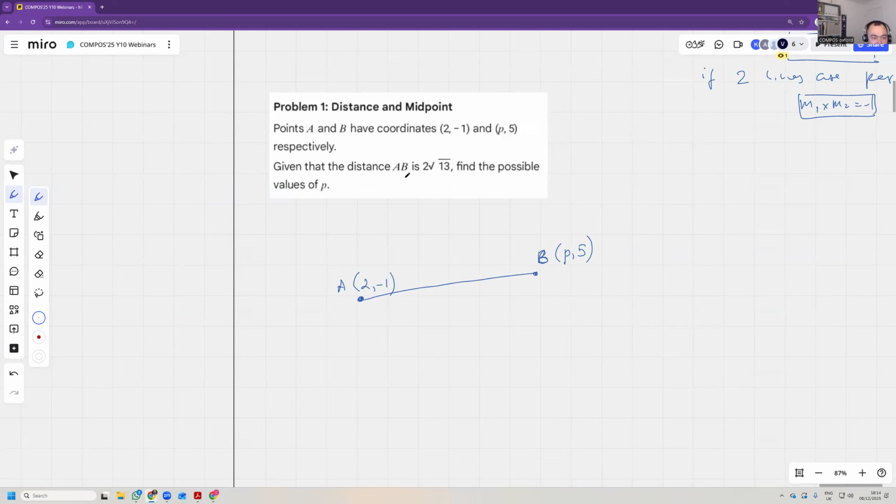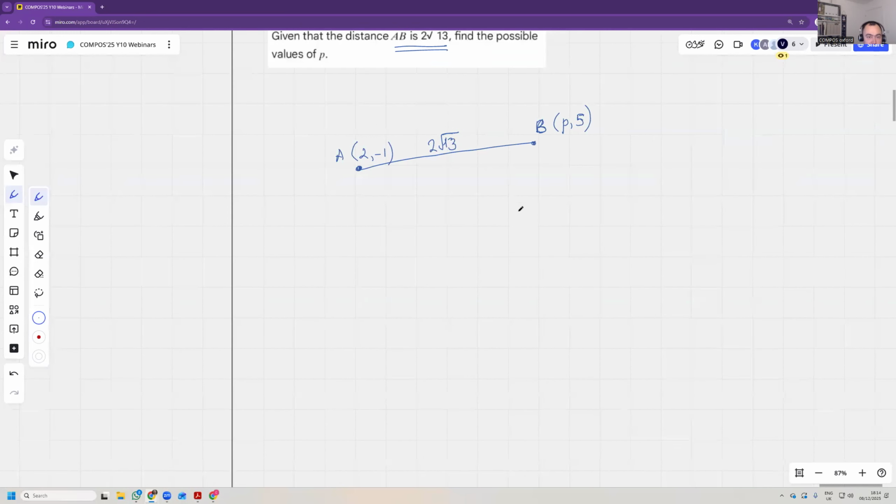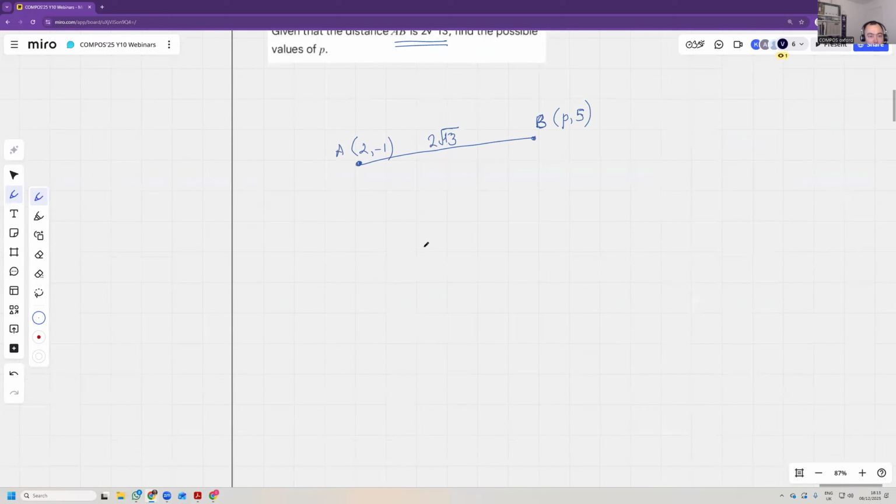And then, given that the distance is 2 square root of 13, find the possible values of p. So you want to know p. Oh, interesting. I think there will be two possibilities. So let's have a look.